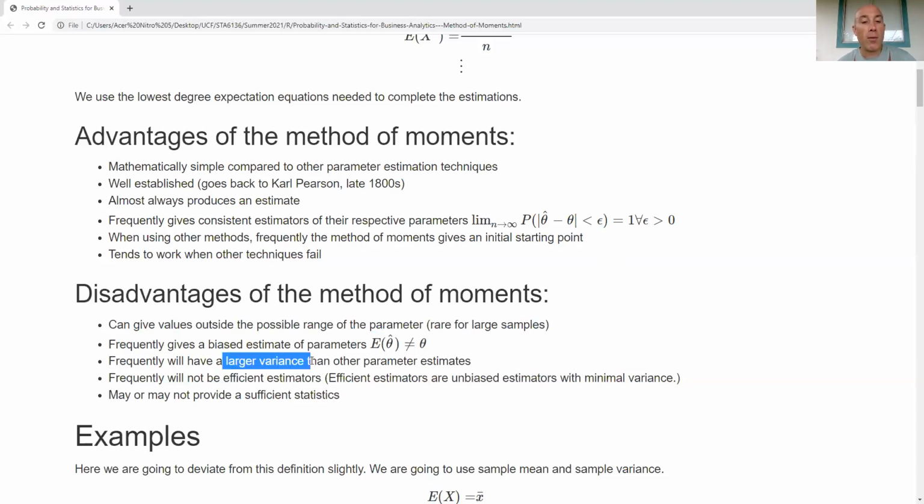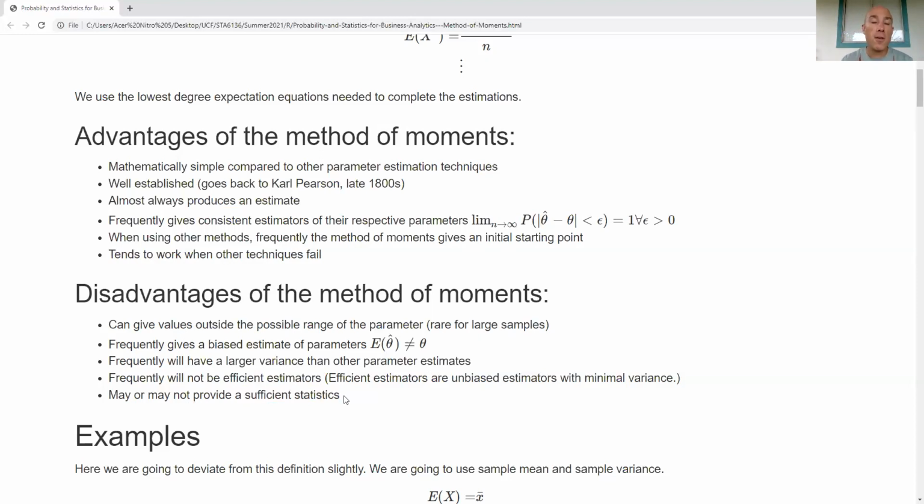Frequently, method of moments will have larger variances than other options, and frequently it will not be an efficient estimator. Efficient estimators are unbiased and they have minimum variance. Now, method of moments may or may not give us sufficient statistics.